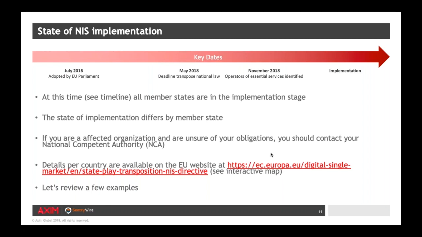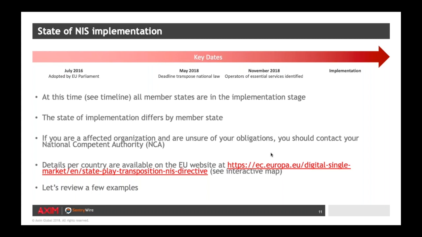So at this stage, all of the EU member states have transposed the directive into national law and are starting to build out the capabilities. There was also a deadline last month for the identification of all of the operators of essential services. So that has happened as well, to the extent that they weren't known beforehand, and we're now in the implementation phase, in the early stage of the implementation phase, but in the implementation phase nevertheless.